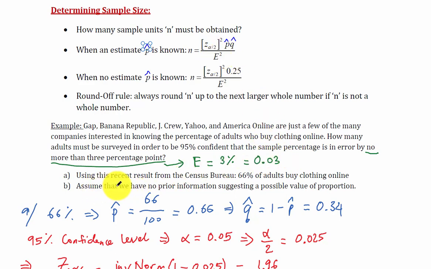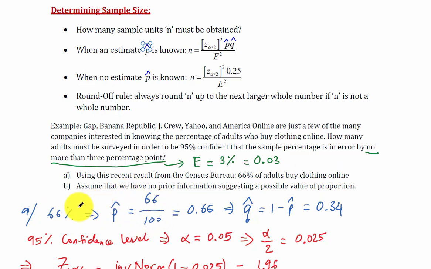Now using the recent results from the previous data, we know that 66% of adults buy clothing online. So in this first case, we do have a known value of p-hat, which is 66%, something we know from earlier studies.